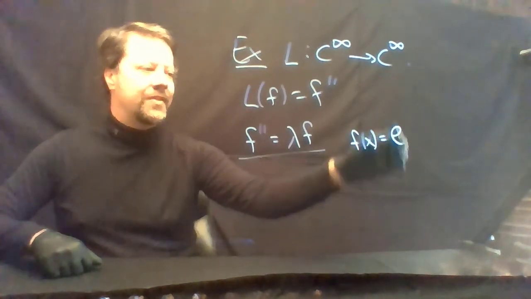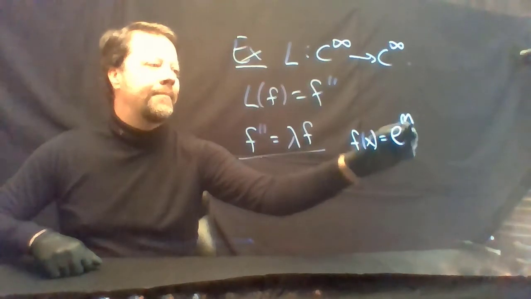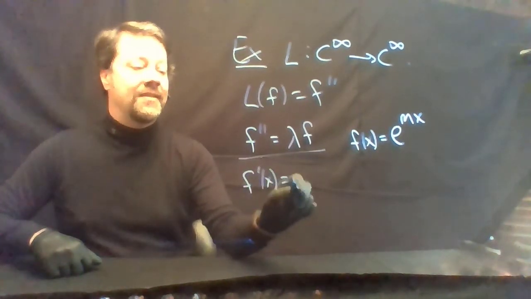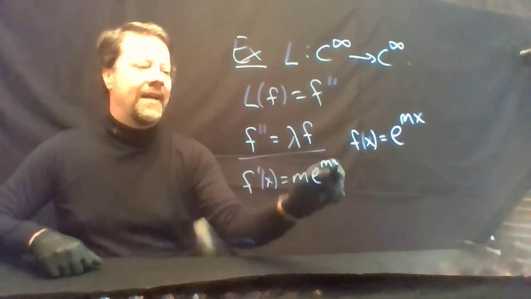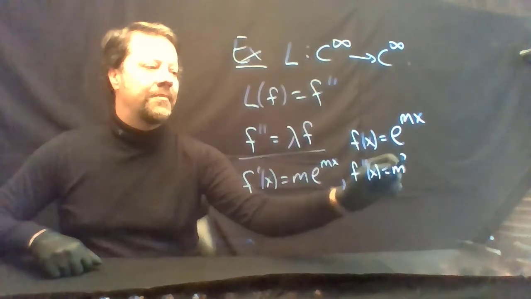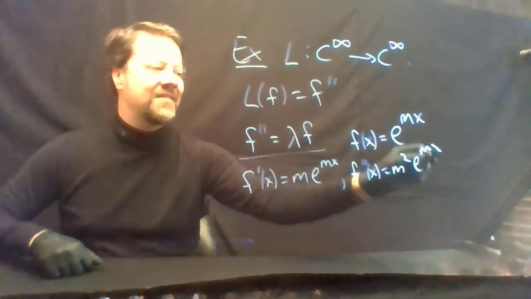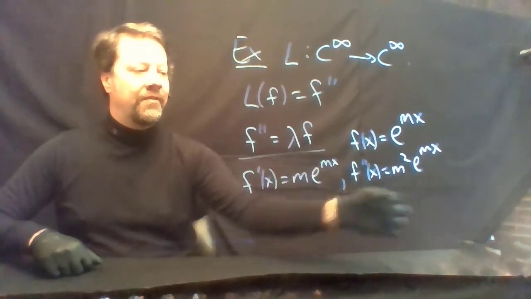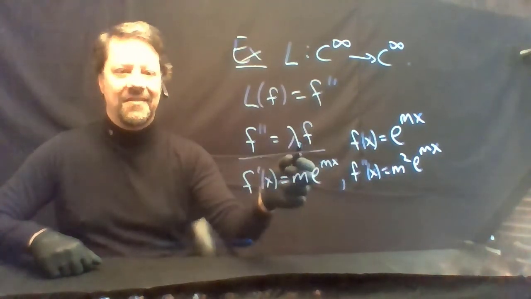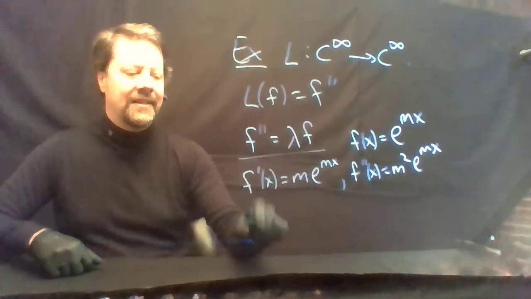Suppose f of x is of the form e to the m times x. Then f prime of x is m e to the mx, and f double prime of x is m squared e to the mx.